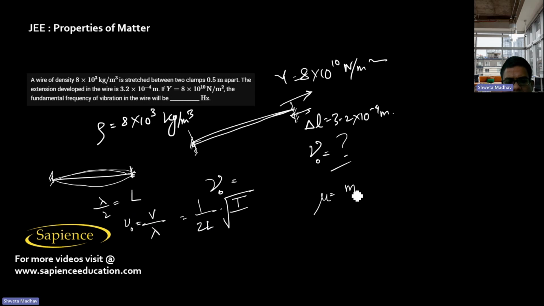Mu is mass per unit length. Mass is density into volume, which is area of cross section into length, divided by length, so it is rho into A.